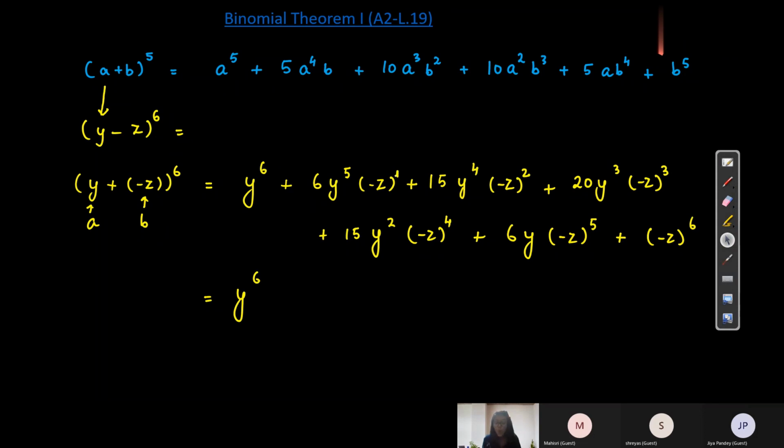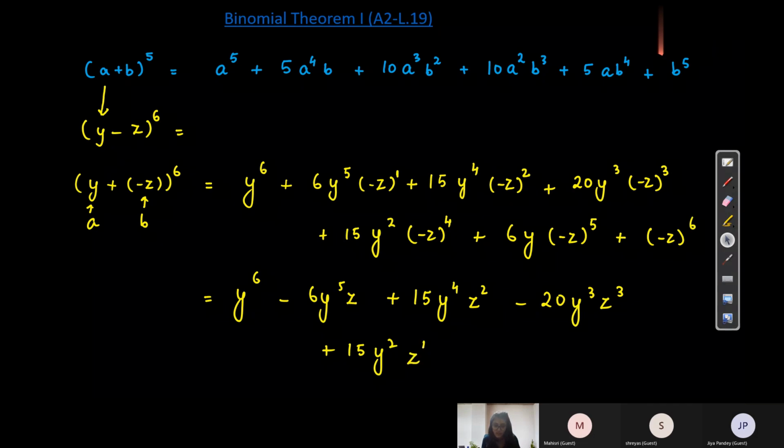This is an odd exponent. So we'll get minus 6y^5z. This is an even exponent. So we'll get a positive term, 15y^4z^2. This will be negative 20y^3z^3 plus 15y^2z^4.